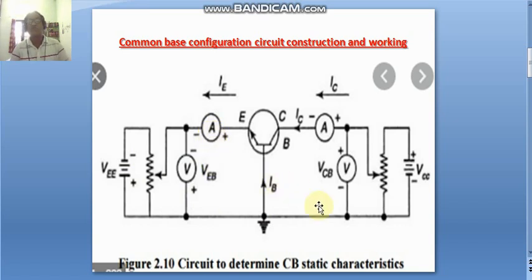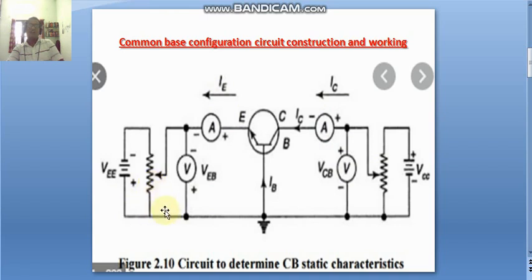Suppose the IC current is coming out, and this can be given to the circuit. In this case, if you want to draw the output characteristic curve, we have to take VCB as variable, changing VCB with the help of this rheostat, and the current can be noted by keeping IE constant using this rheostat.